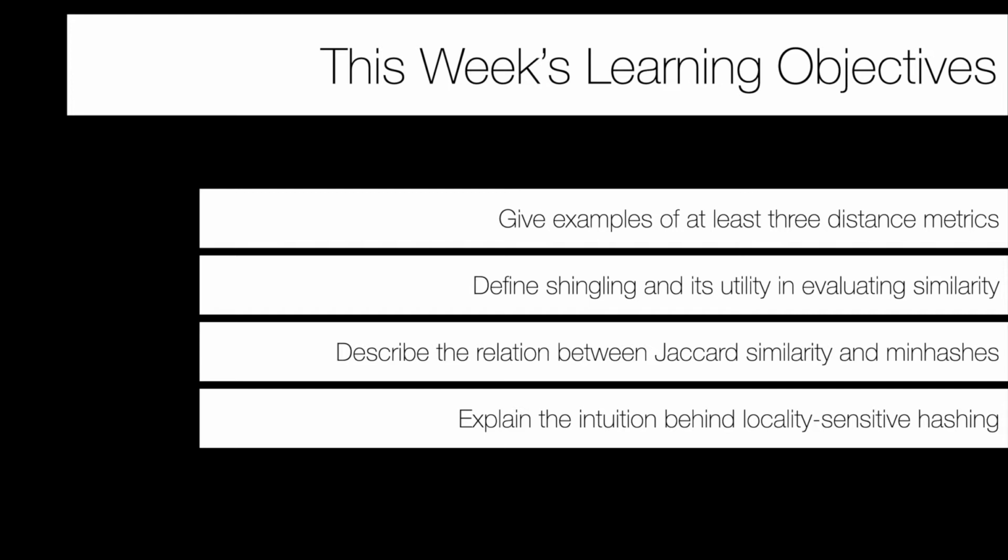But we can leverage hashing as a way to deal with the scale problem by ensuring that we only ever have to compare pairs of elements that are more likely to be similar than 2 pairs of elements that are not. And the many pairs of elements that are unlikely to be similar at all, we never have to evaluate. We don't even have to look at those. And that will help us a lot when it comes to scale.